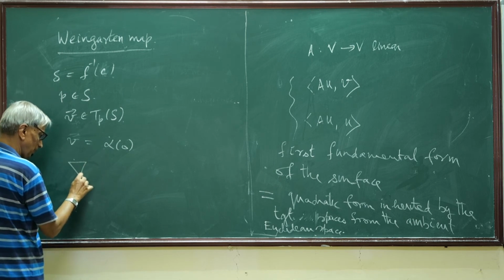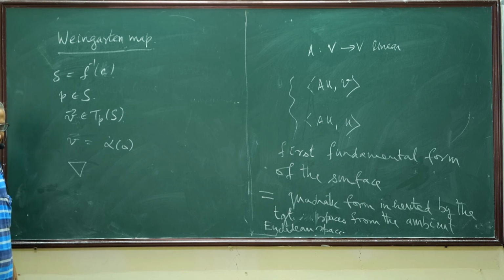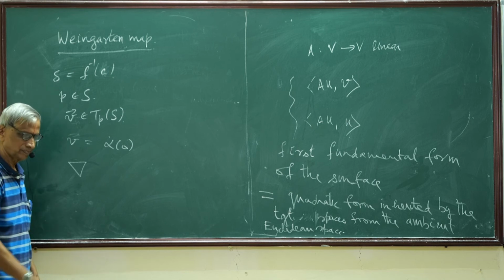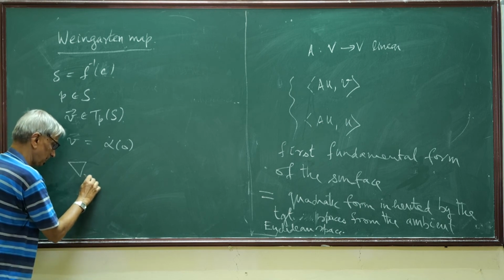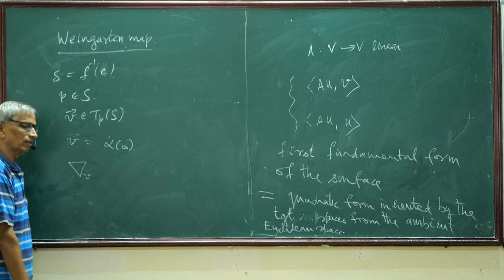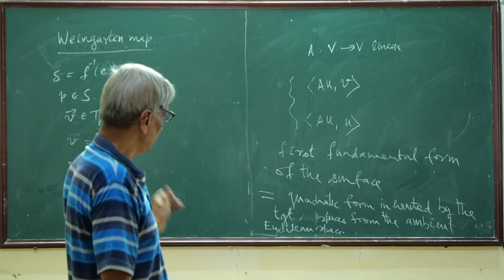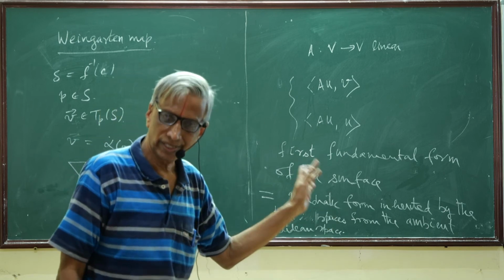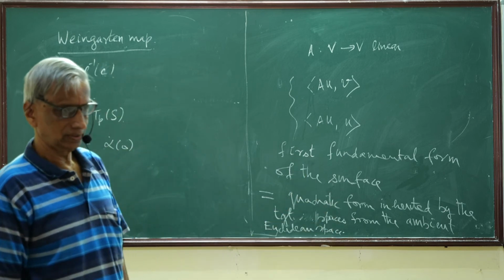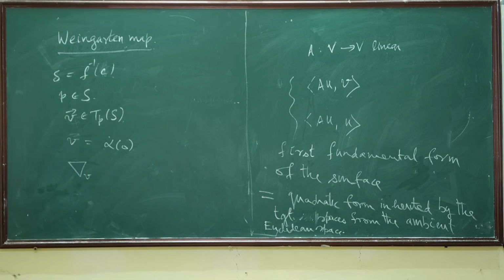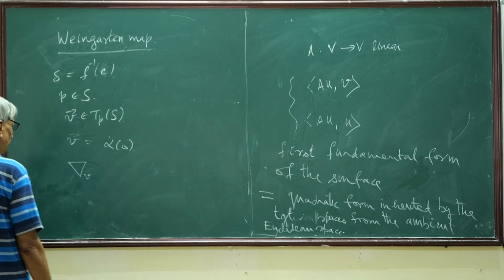Now we are going to define a new kind of derivative. So this can be done for all vector fields, but we are going to look at it only for the orientation vector field, the normalized normal vector field, unit normal vector field, that is.